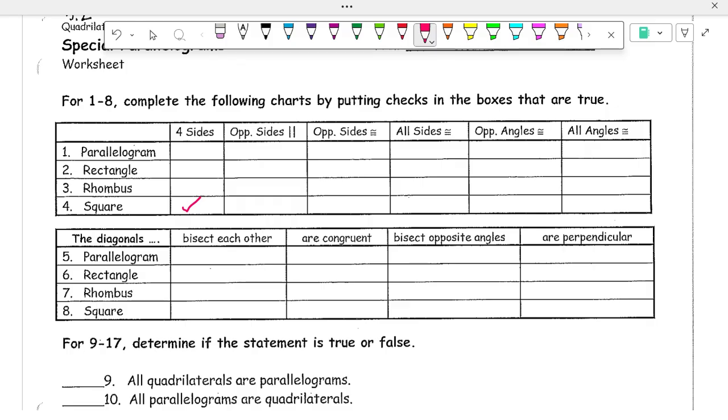So guys, once your group finishes, make sure you compare answers and jot down what they got. Once you finish talking about the sides and the angles, then try the diagonals with your same shape.